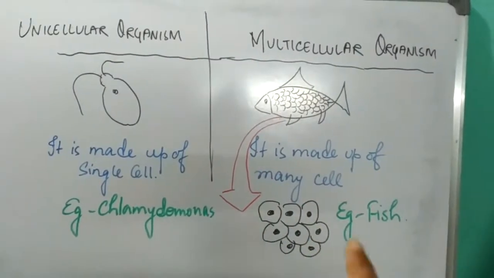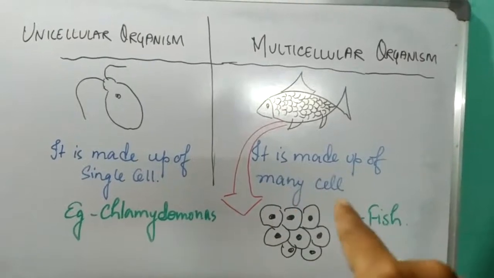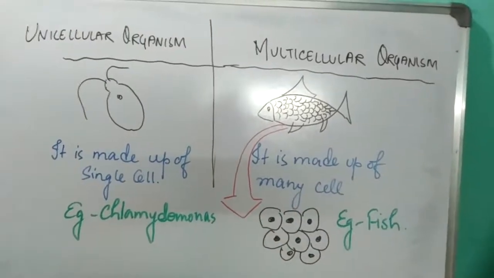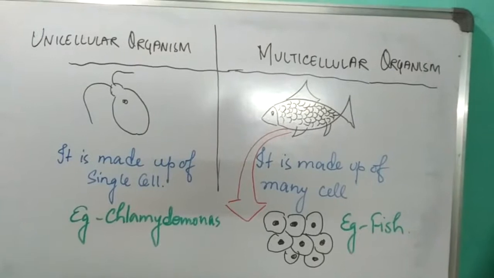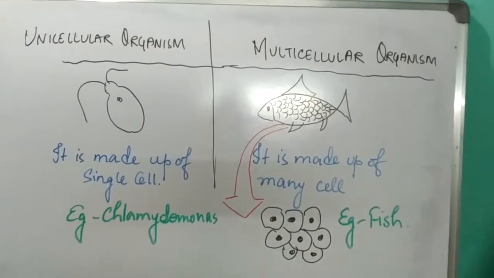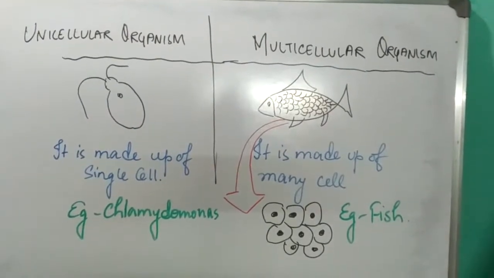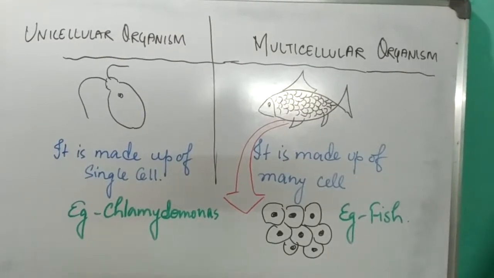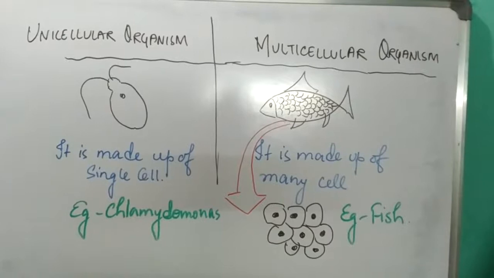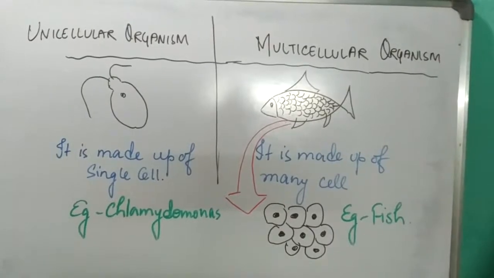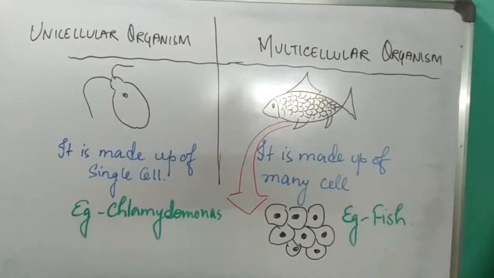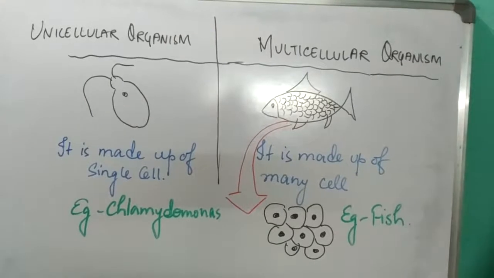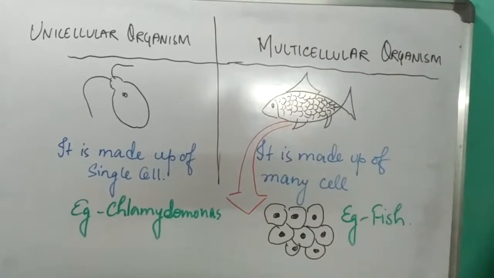Now an organism which is made up of many cells, it may be in billions, it may be in trillions, such type of organism is known as a multicellular organism. That means examples of unicellular organisms are Chlamydomonas, Paramoecium, amoeba, and so on. And examples of multicellular organisms are fish, human beings, and so on.